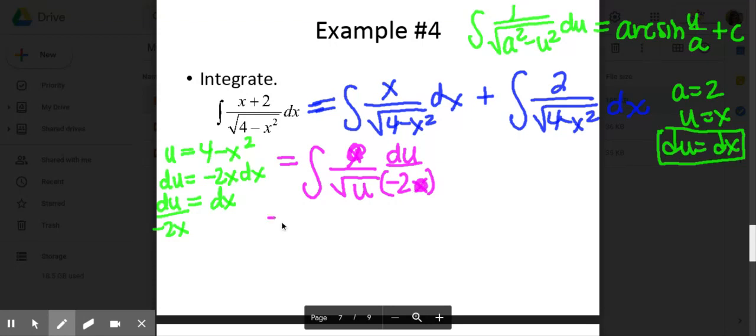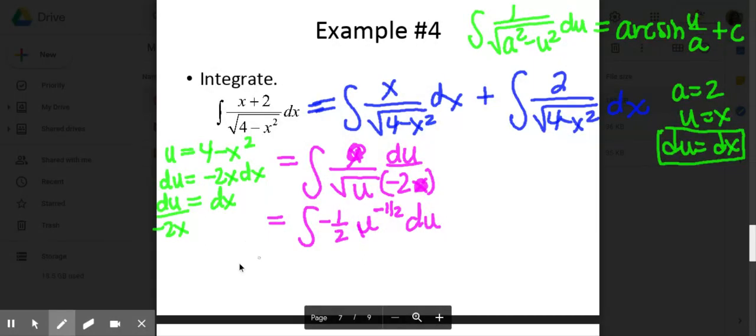So when I'm looking at this and putting this in order, I've got a negative 1/2. And then here, if I think about this, what this looks like as a power, this is u to the negative 1/2, because I have a square root sign in the denominator. So my fraction is negative 1/2. My function is u to the 1/2, but it's in the denominator, so that's u to the negative 1/2, and then my bookend du.